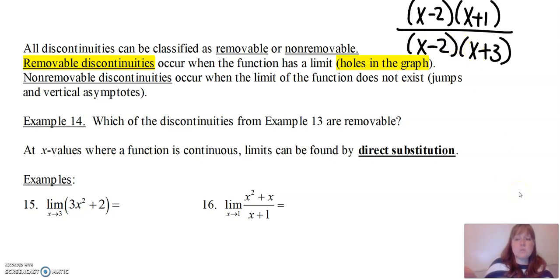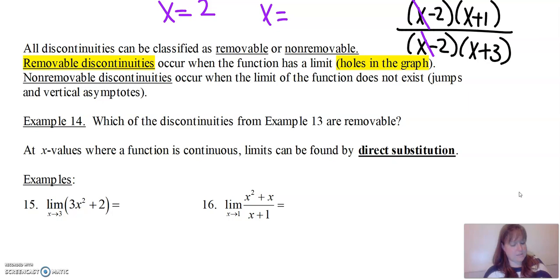The question is which ones are holes and which ones are asymptotes? Well, if you remember, this one actually cancels out with the top. So x equals 2 and x equals negative 3 are my discontinuities. The ones that cancel out are removable. Those are the holes. And the ones that don't cancel out are asymptotes.